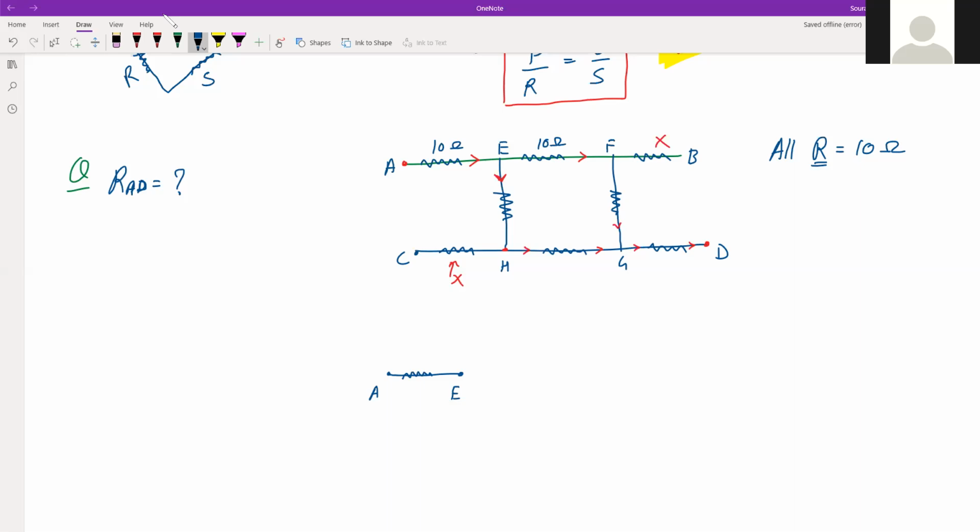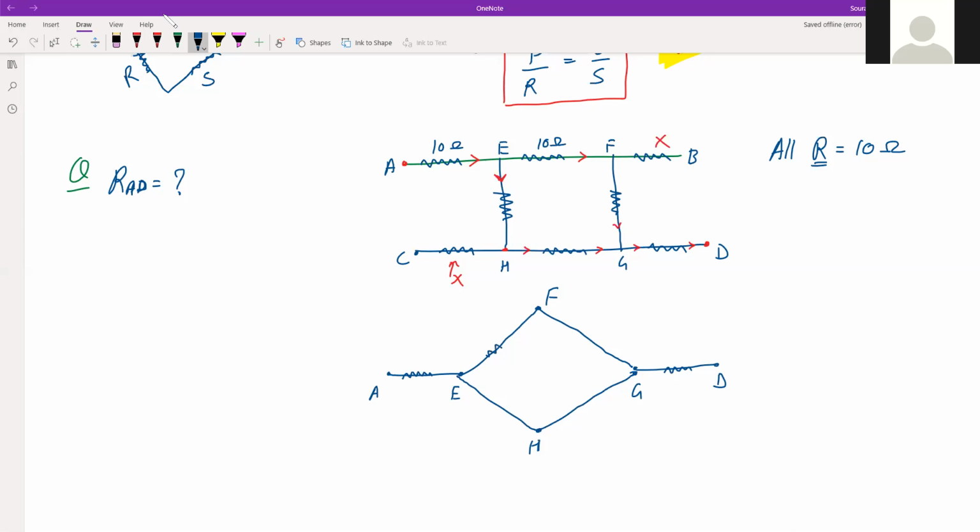Then from E you have two paths to go to G. There is G here, and after G there is D, and between G and D there is a resistor. But from E to G there are two paths. First you go from E to F, and from F to G, or you move from E to H and then from H to G, right?